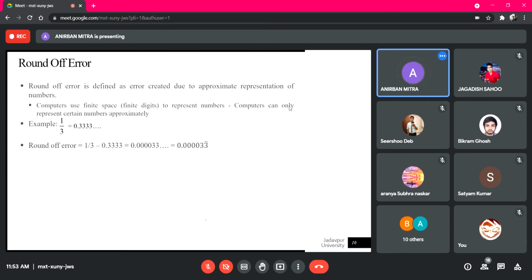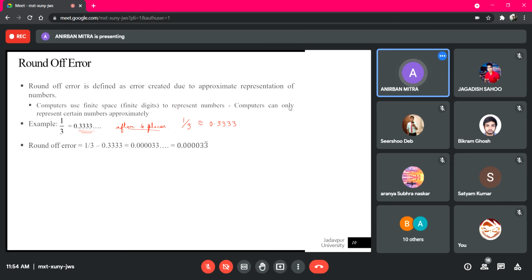So if I cut off this series of 3's after 4 places, I am representing 1 by 3 approximately as 0.3333. You know that this is not correct because there are other 3's following this.